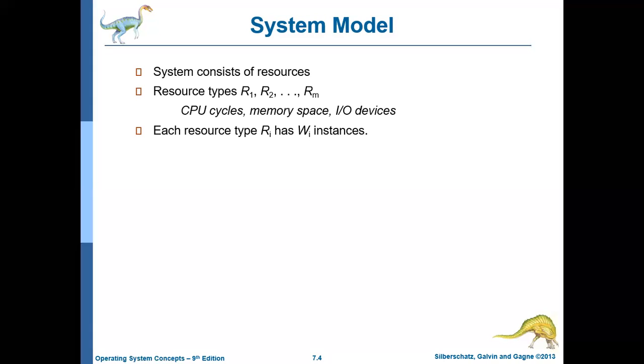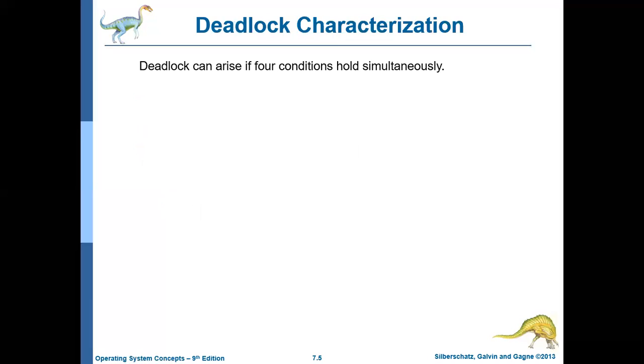If a process wants to acquire a resource, first it places a request to the operating system. Then the operating system allots the resource to that process, the process uses the resource, and once its task is completed, it releases the resource. This is how a process normally requests and releases a resource.